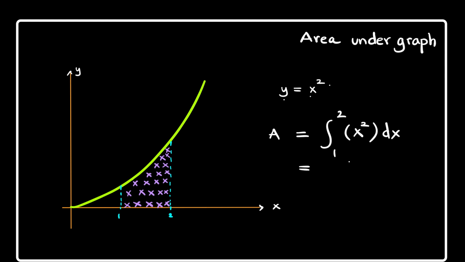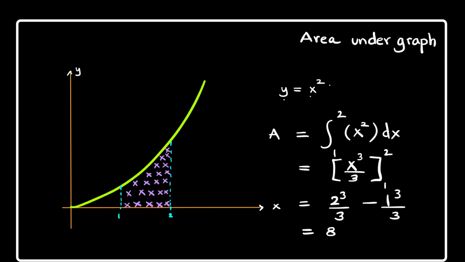We will integrate it. So this will become x cubed over 3 between the limits 1 and 2, which simplifies to 2 cubed over 3 minus 1 cubed over 3, which simplifies to 8 over 3 minus 1 over 3, which becomes 7 over 3 units squared. That is the area under the graph.